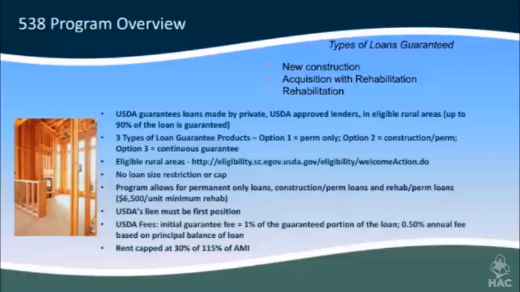Lenders who are interested in becoming approved in the program can reach out to Tammy Daniels of our headquarters staff, and I have provided her contact information at the end of the presentation. We do offer 3 types of loan guarantee products: an option 1, which is a perm-only guarantee, an option 2, which is a construction perm, and an option 3, which is a continuous perm.